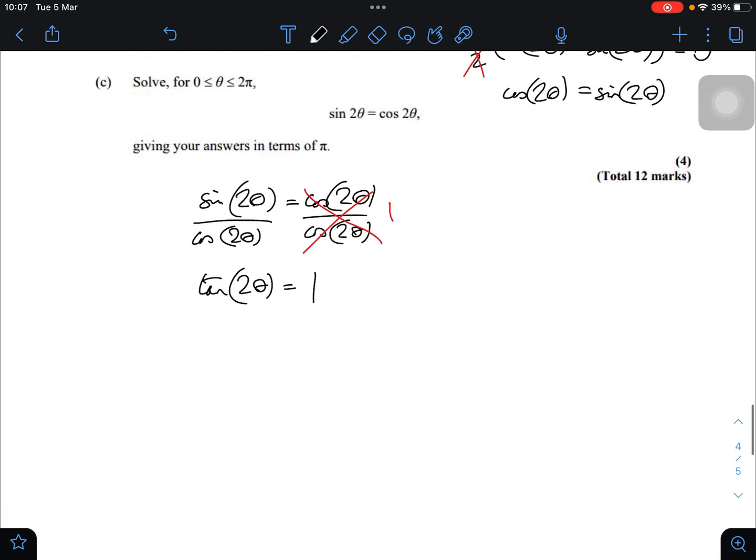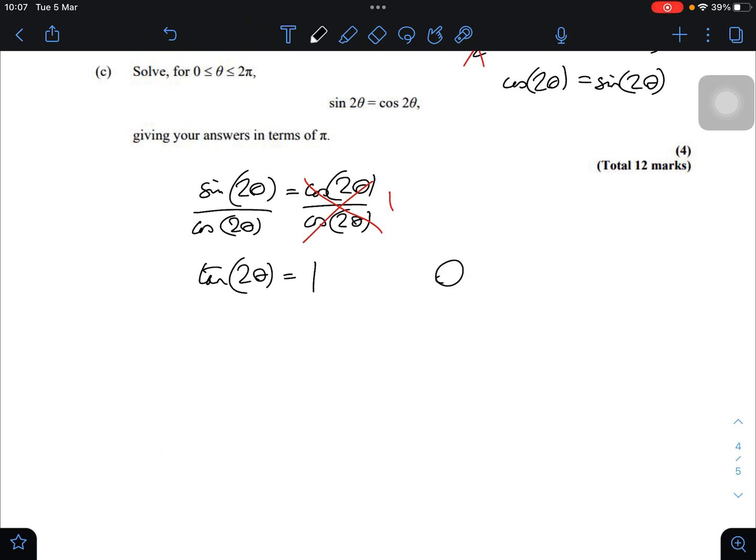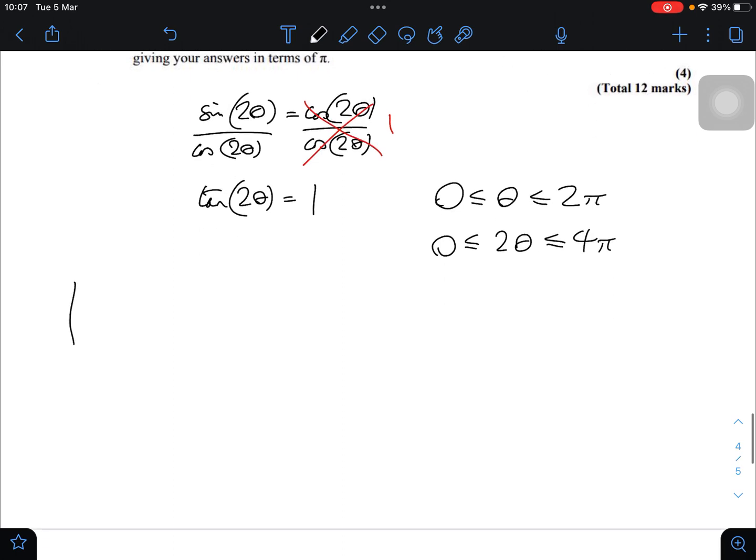Final step then is to find the solutions between 0 and 2 pi. So again, theta's solutions are between 0 and 2 pi. 2 theta's solutions are going to be between 0 and 4 pi. So if you wanted to do a quick sketch of your diagram, we need between 0 and 4 pi.